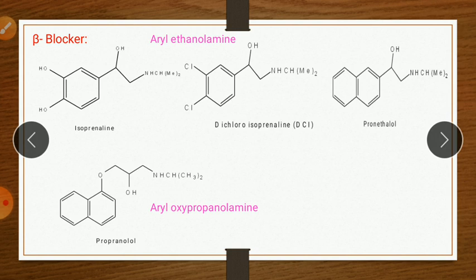Previously, it was thought that the OCH2 group is responsible for antagonist property. However, it is not proved. Later, it was found that the nature of the aromatic ring and its substituent is a primary determinant of beta antagonistic activity. So, the nature of the aromatic ring also determines the beta receptor selectivity.